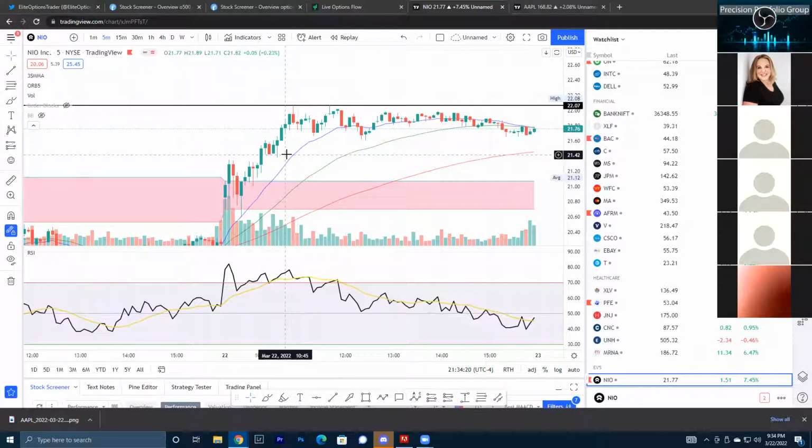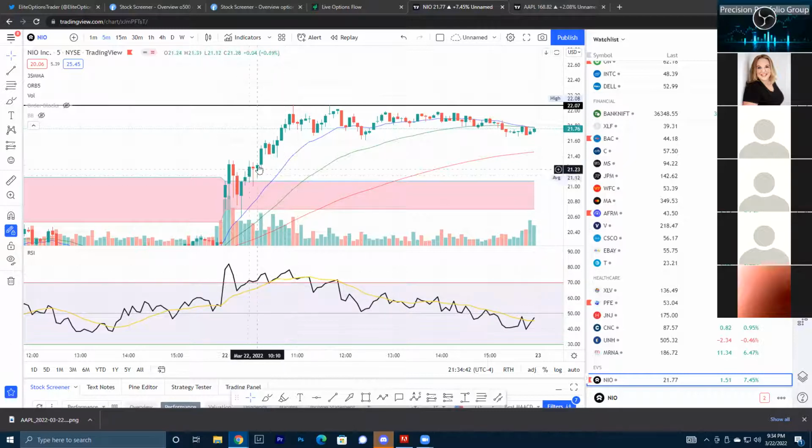But there's criteria that need to be met before I go into the play. Number 1, it needs to be above all 3 moving averages. Number 2, I have the RSI MA. The black line is the RSI, and the yellow line is the 14 period moving average.